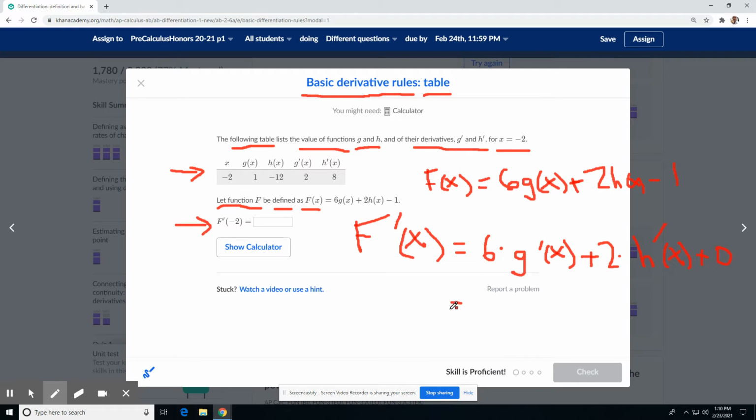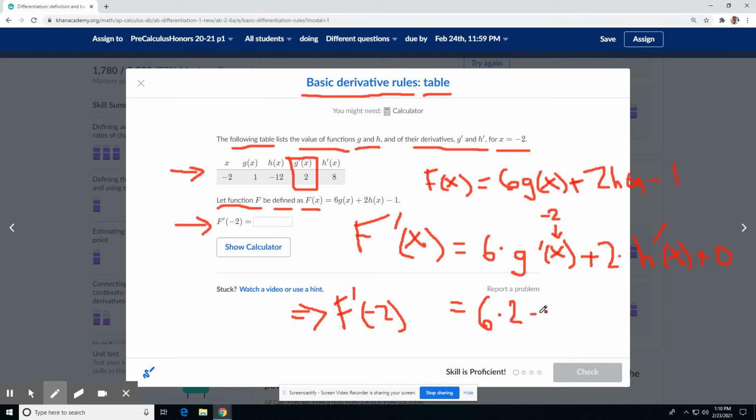So this implies that f prime of -2, according to our table, is going to be 6 times the g prime. When I plug in -2 right here, there's my g prime of -2. The answer is 2.